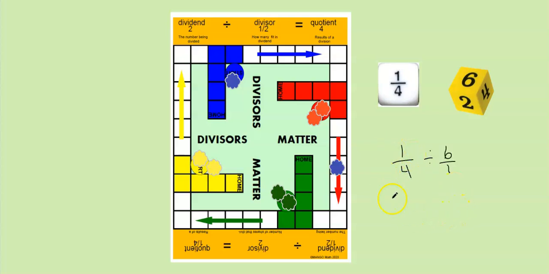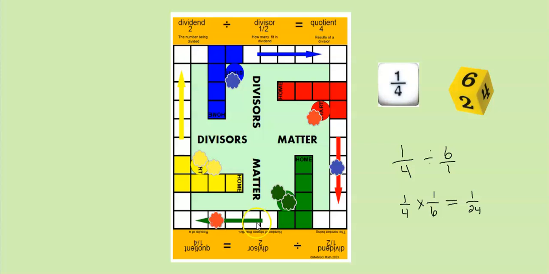So students are going to keep the first fraction, switch from division to multiplication, and flip this from 6 over 1 to 1 over 6. And they're going to multiply across, and they're going to have 1 over 24. Now, because that came out as a fractional amount, the red player will go backwards that many spaces, and they land here.